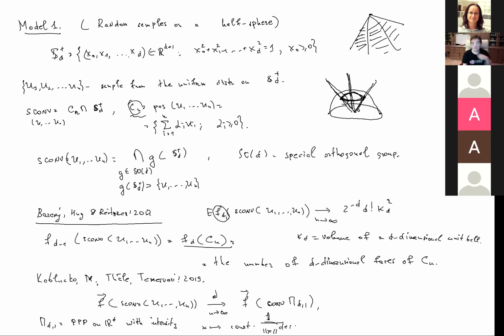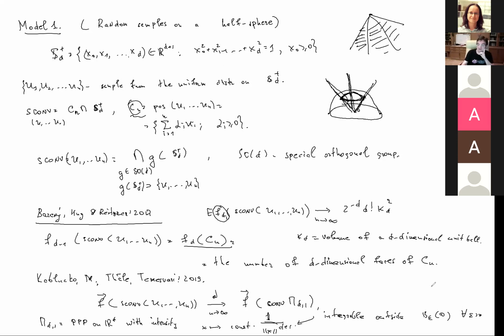This formula gives the intensity of our Poisson point process. Now, this function is integrable outside every ball around the origin, for every epsilon. So you can easily check that this function is integrable in the vicinity of infinity.